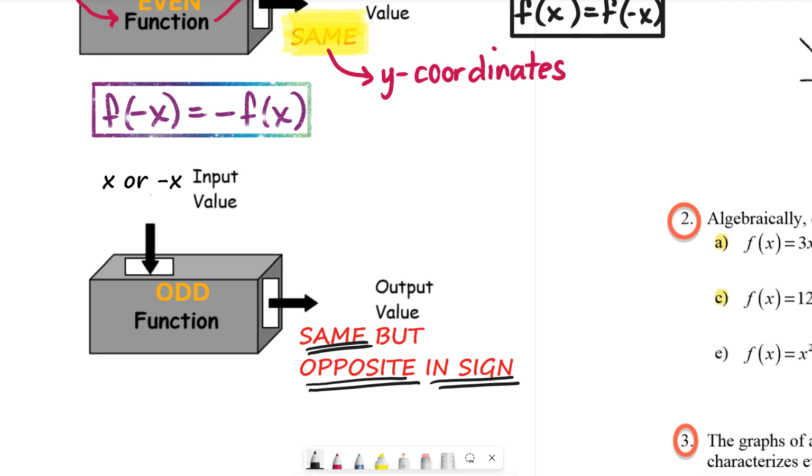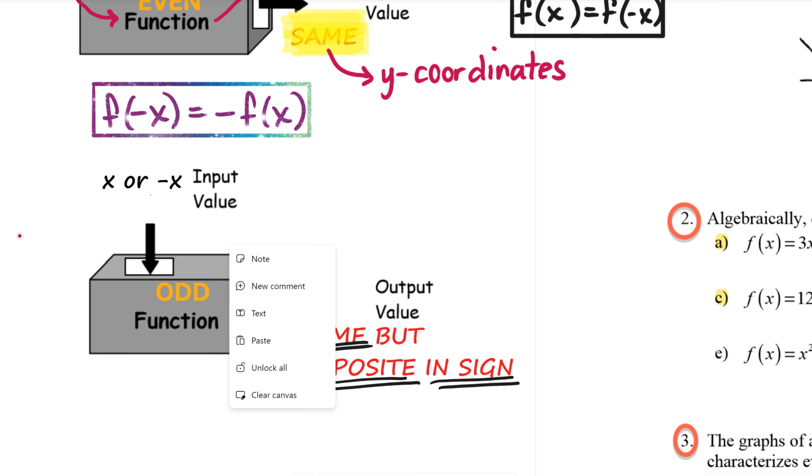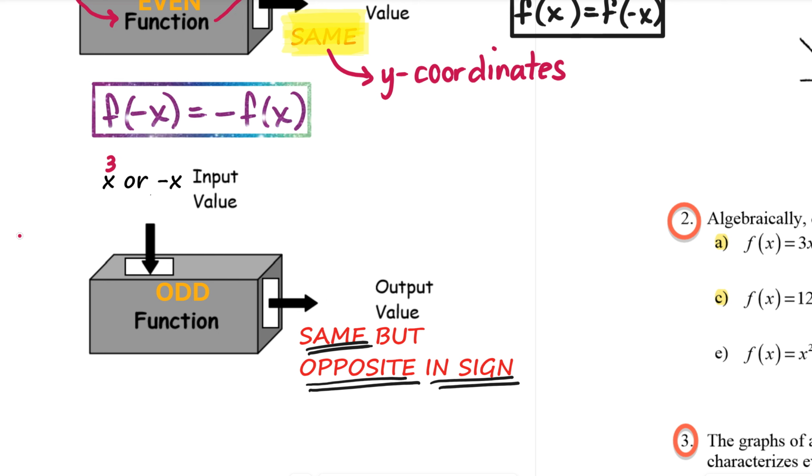Okay, so using a similar approach that we did upstairs, pretending that we are substituting a 3 or a negative 3. If you substituted the 3 into the function and you did all the math, you ended up with, let's say, 8.